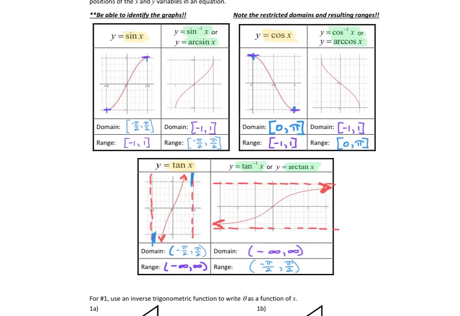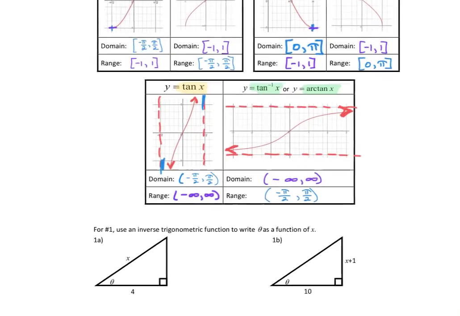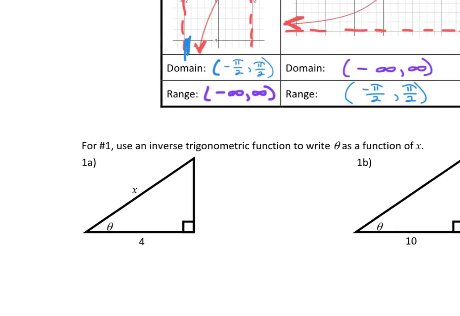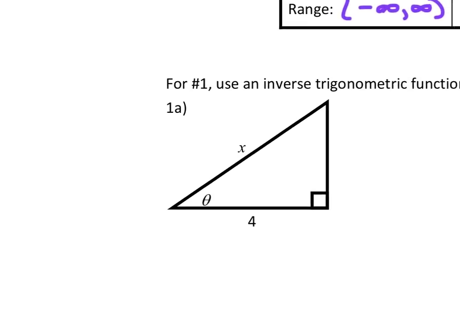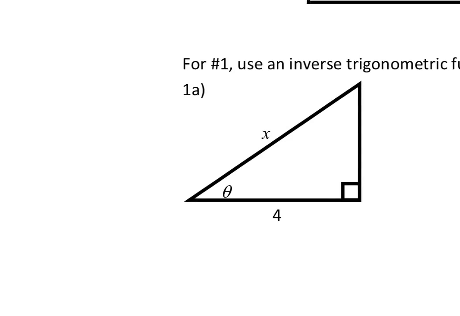So if you truly understand the idea of inverse, you understand that it exchanges the input and the output. Normally, when we first learned about trig functions, we would take the sine, cosine, or tangent of an angle, so the angle is the input, and we get an answer that is a ratio of two of the sides of the triangle.